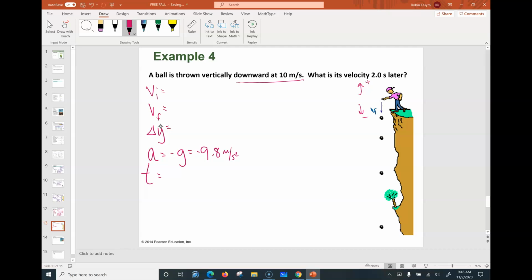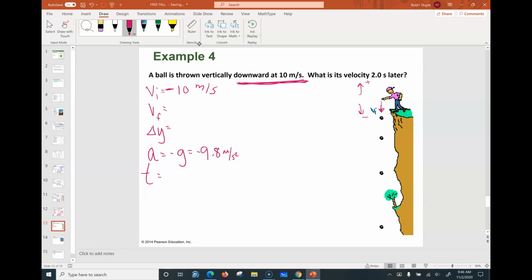So we give it an initial velocity of 10 meters per second. 10 meters per second. Be careful. This is where it's very easy to get confused. We throw it down, so that initial velocity actually is negative. Remember, that tells you the direction it's moving.